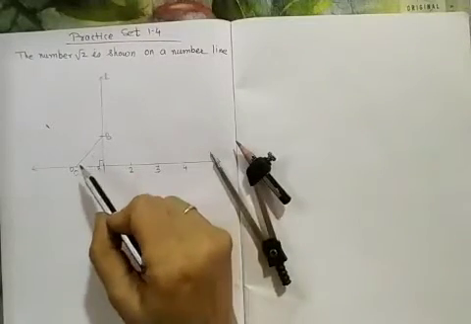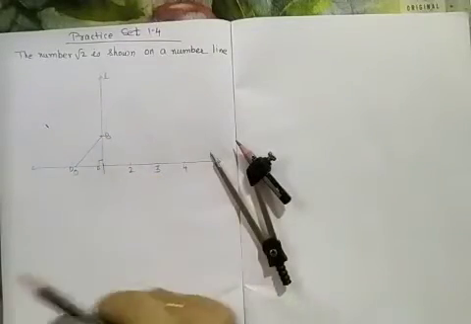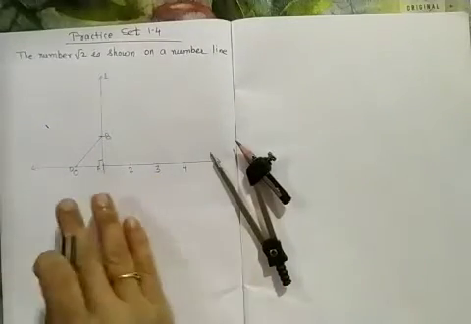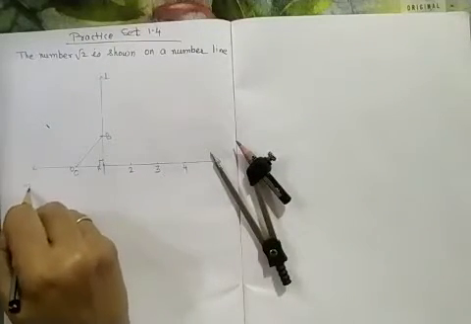Now this is a triangle OAB, and OAB is a right angle triangle. Then we will apply the Pythagoras theorem on this triangle. As you all know, what is the Pythagoras theorem?